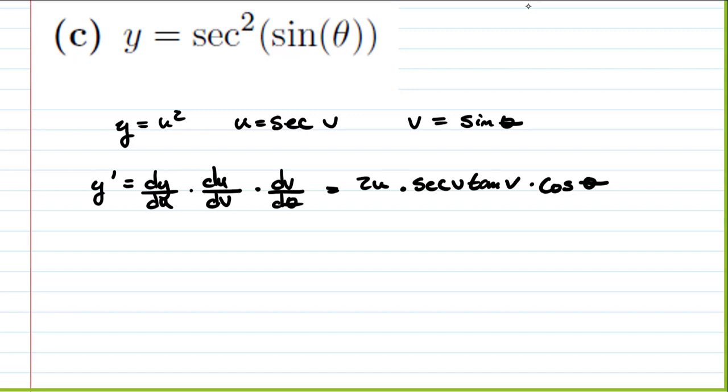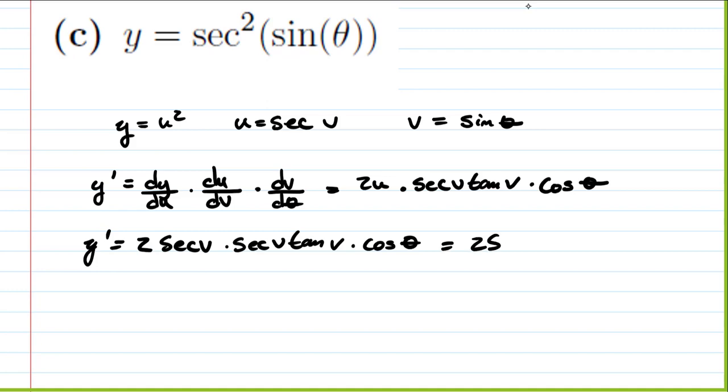And now we have to start back substituting. So y prime is going to be 2 times u, which is secant v, times another secant v, so secant v tangent v, times cosine theta. So that's going to be 2 secant squared v tangent v cosine theta.